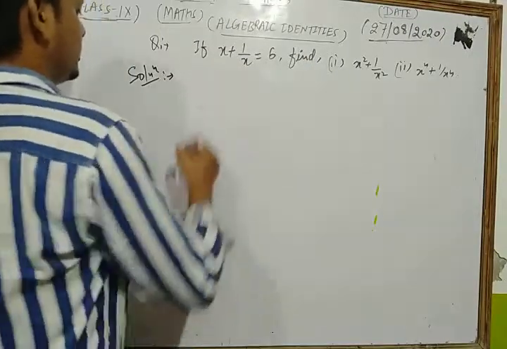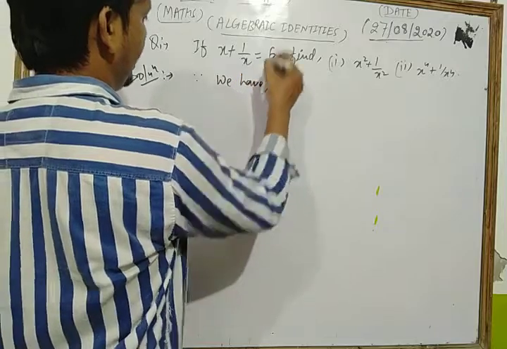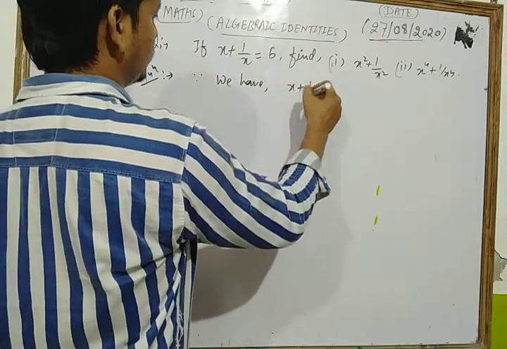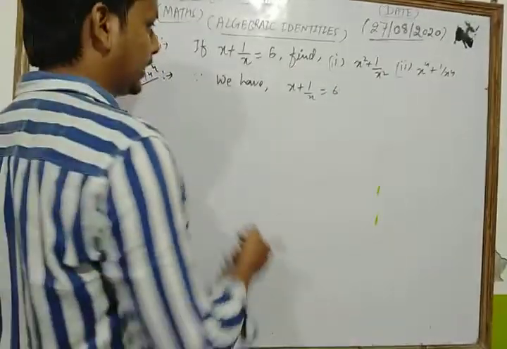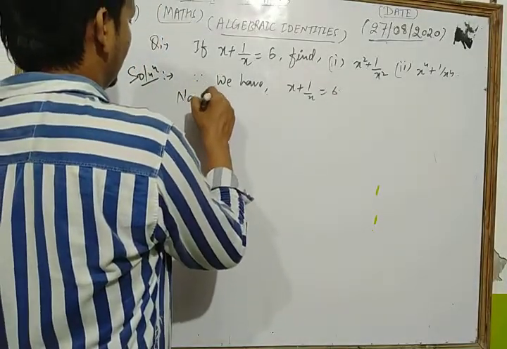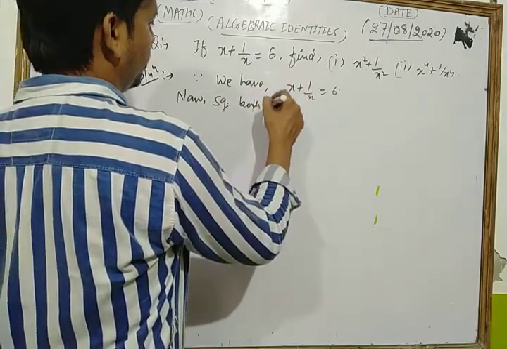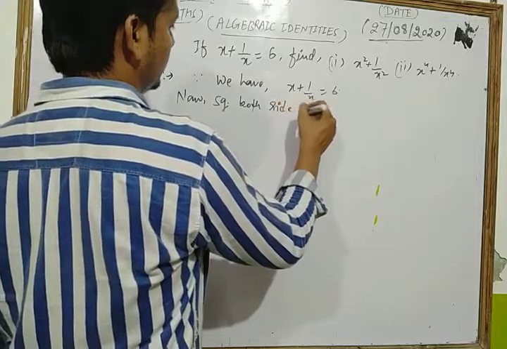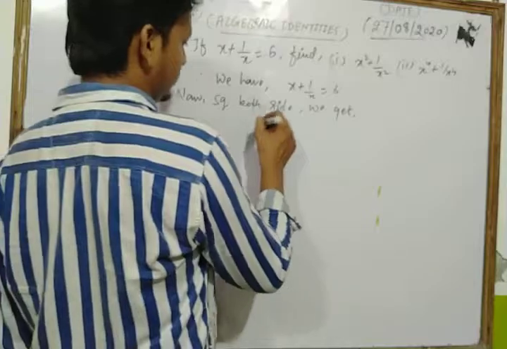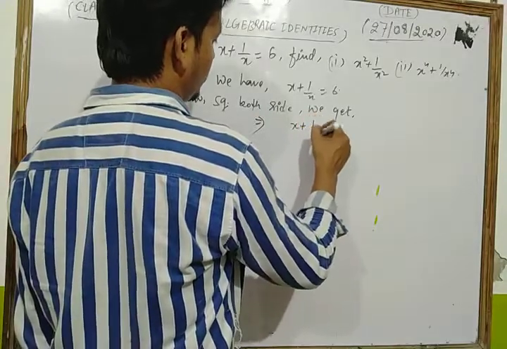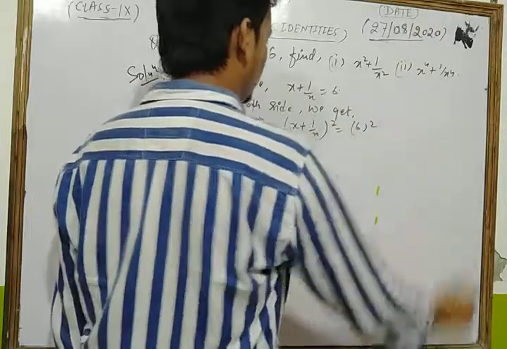Since we have x plus 1 upon x equal to 6, now squaring both sides, we get x plus 1 upon x whole square is equal to 6 square.